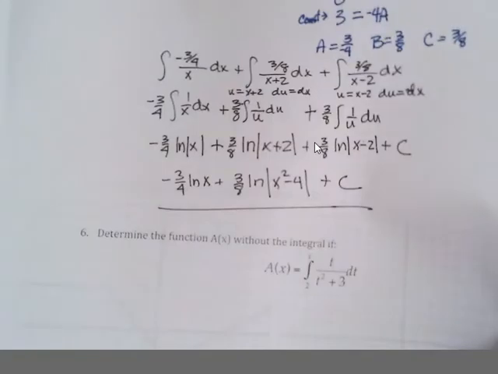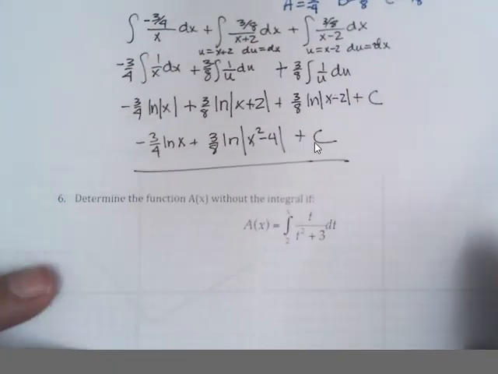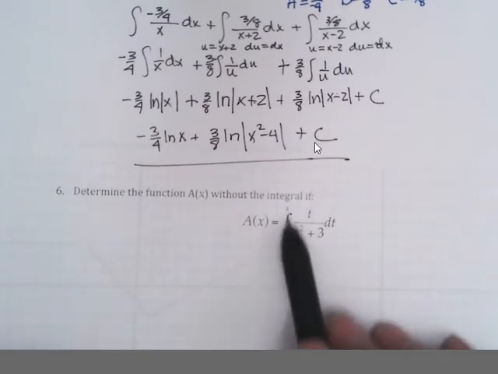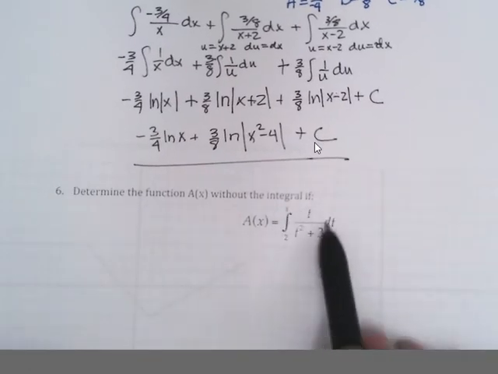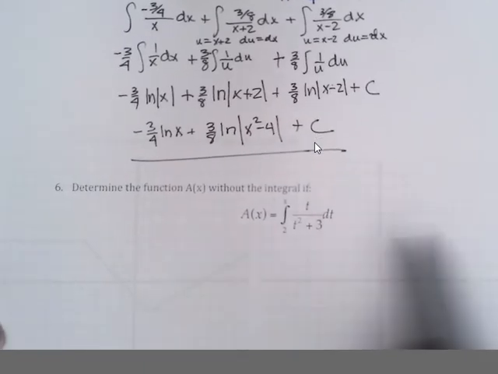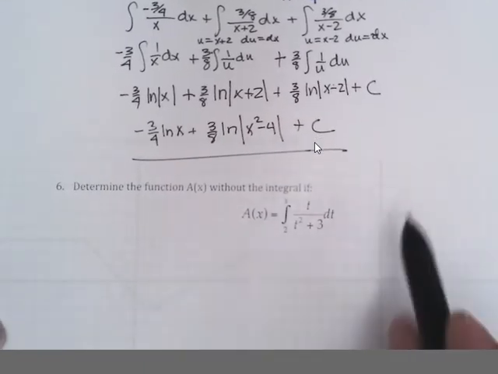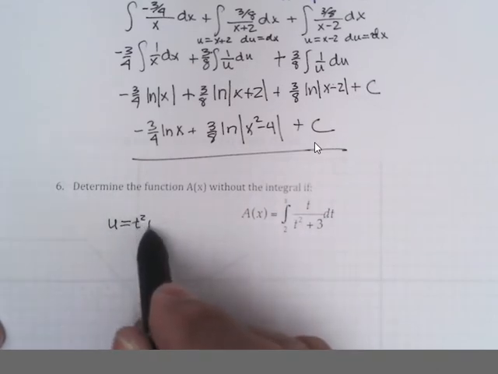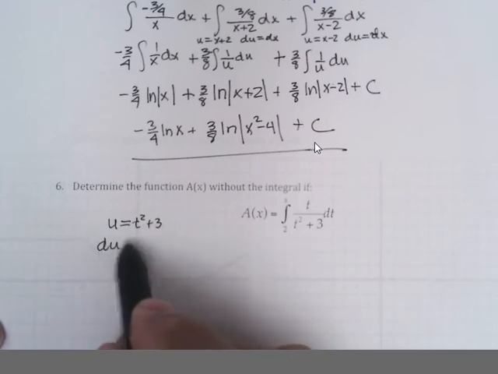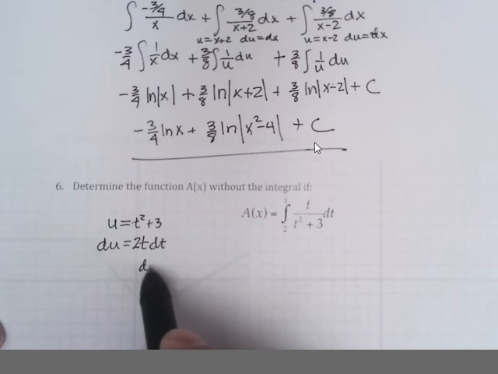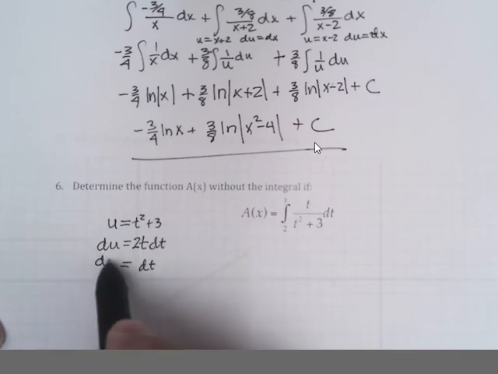Let's do 6 now. So this area formula, if we're going to find it, we have to do this definite integral and evaluate this antiderivative. Well, fortunately, this is a pretty simple one. We could do trig sub, but a u sub for the t squared plus 3 du would be 2t dt. dt would be du over 2t.